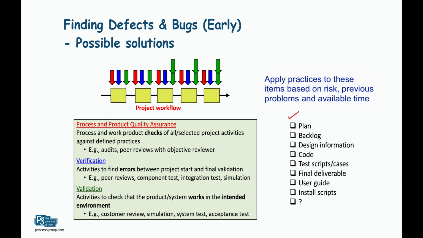But what may be new is to factor in end user and environment testing into each sprint as work is completed, so there will be more focus on validation in later sprints. This is shown by the double green arrows towards the end of the workflow. So all these practices together help find and remove defects early on in the project. The amount of practices used can be based on project risk, previous problems encountered, and the amount of available time.